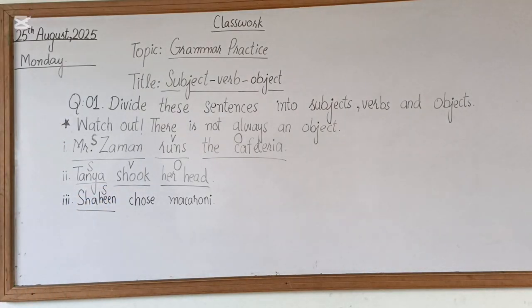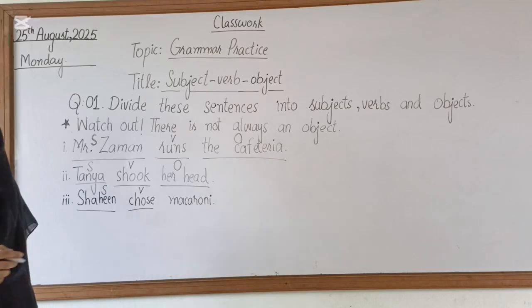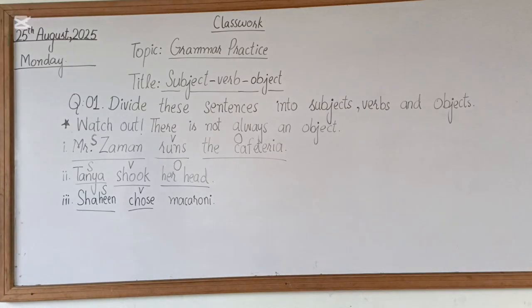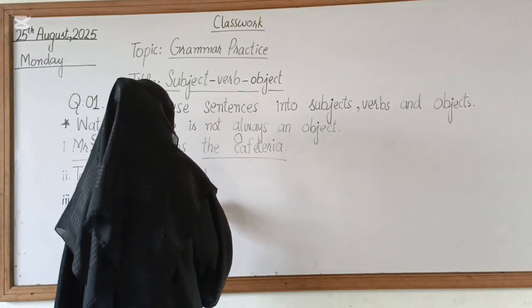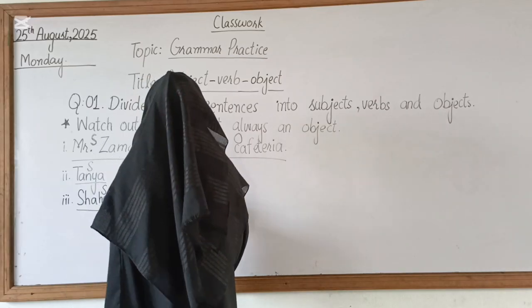What did Shaheen do? Shaheen chose the macaroni. Selection, choosing. So chose is the verb. So we got to know Shaheen is the subject, chose is the verb, and what did he work upon? He worked upon choosing the macaroni. That's why macaroni is an object.